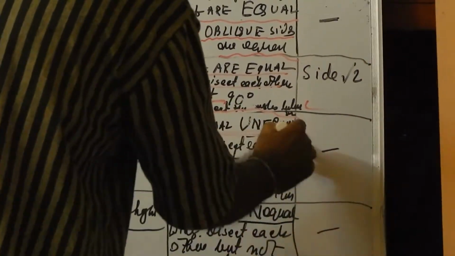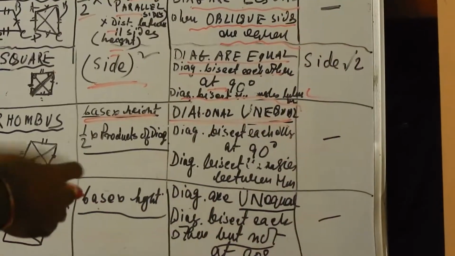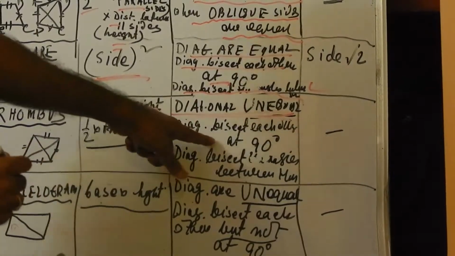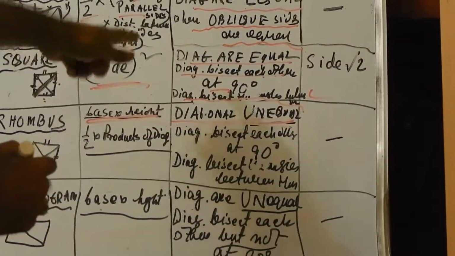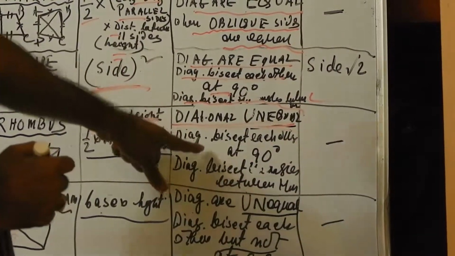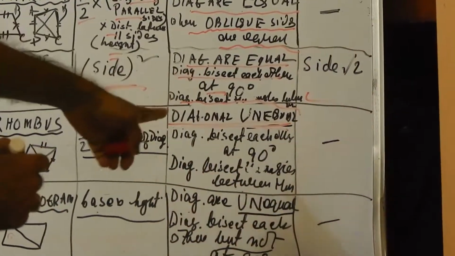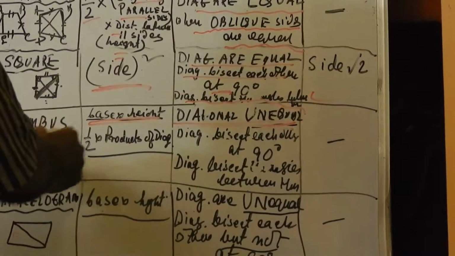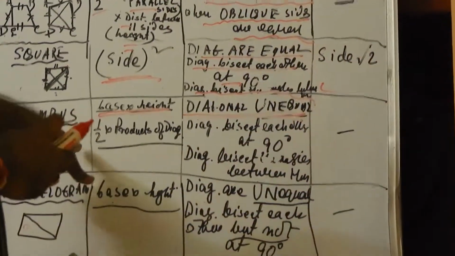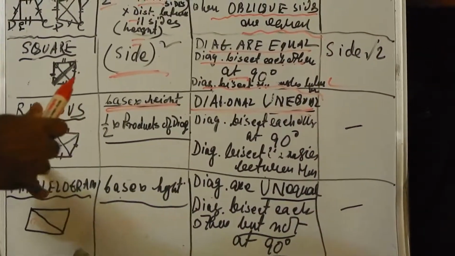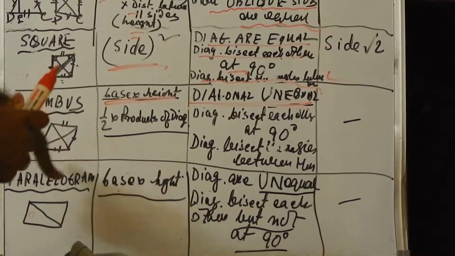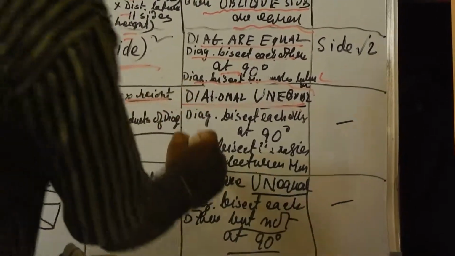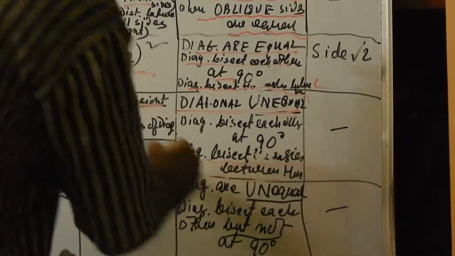Always in case of a rhombus, the diagonals are never equal. Here also the diagonals bisect each other at 90 degrees, and they bisect the angles from which they originate, like a square.